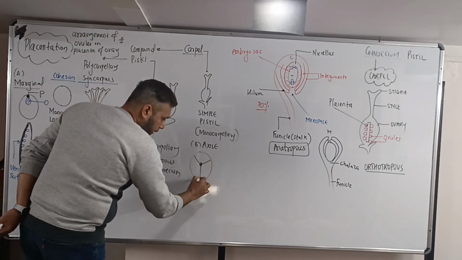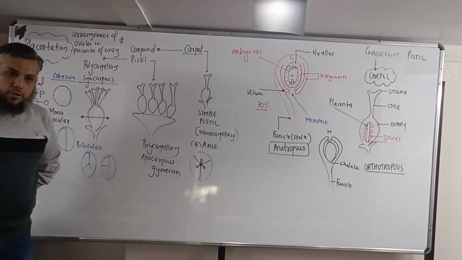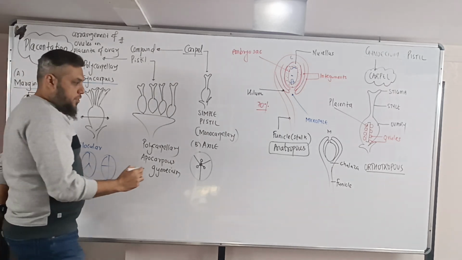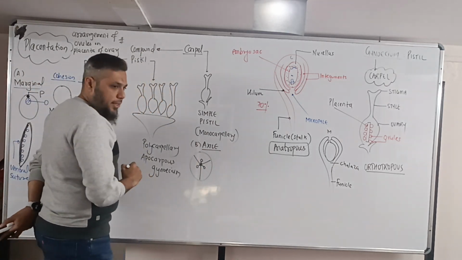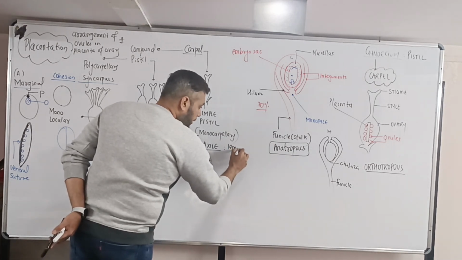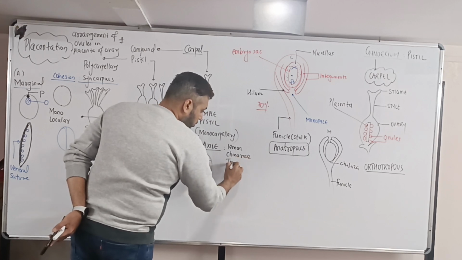In the center. And even the ovules are arranged there. What is the example given? Check the example. China rose, tomato and lemon. When you cut a lemon, the seeds of the lemon are towards the periphery or in the center? Center. Giving which placentation? Axile placentation. So give me examples of axile placentation: lemon, China rose and tomato.